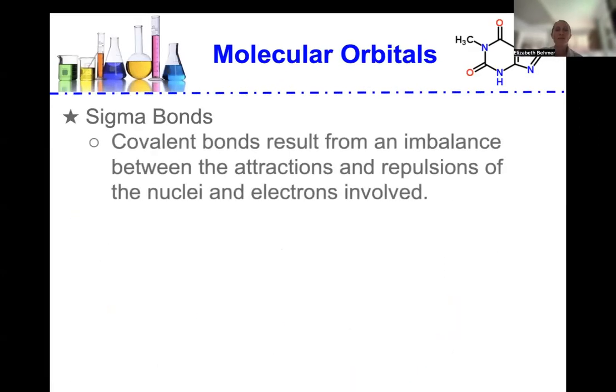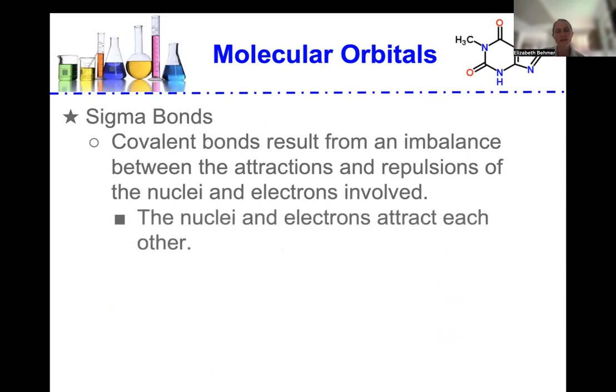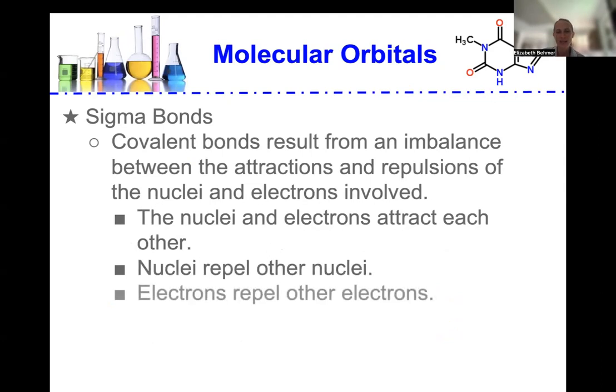Sigma bonds are covalent bonds that result from a balance between the attractions and repulsions of the nuclei and the electrons involved. The nuclei and electrons will attract each other. Nuclei will repel other nuclei, and electrons repel other electrons.